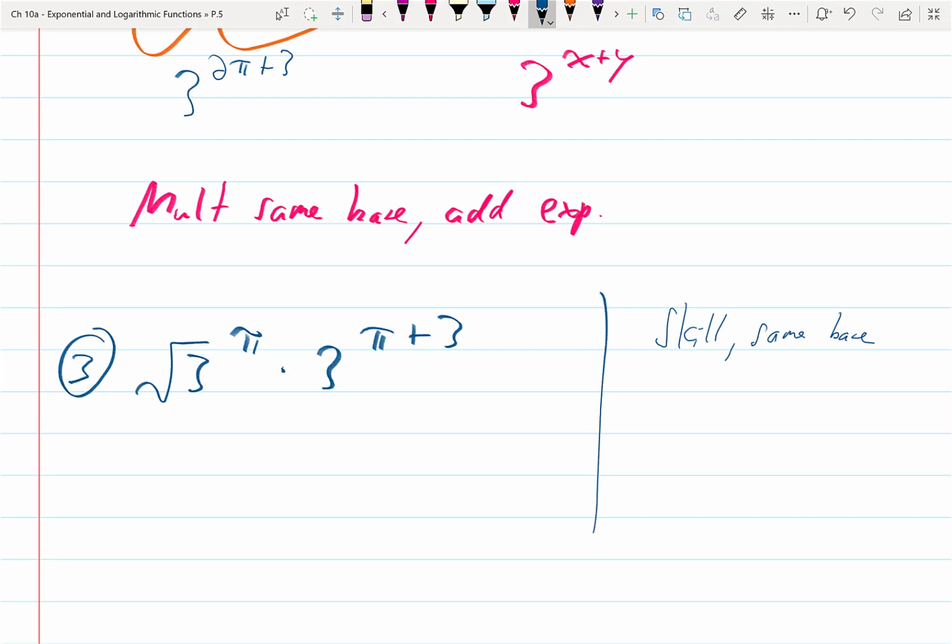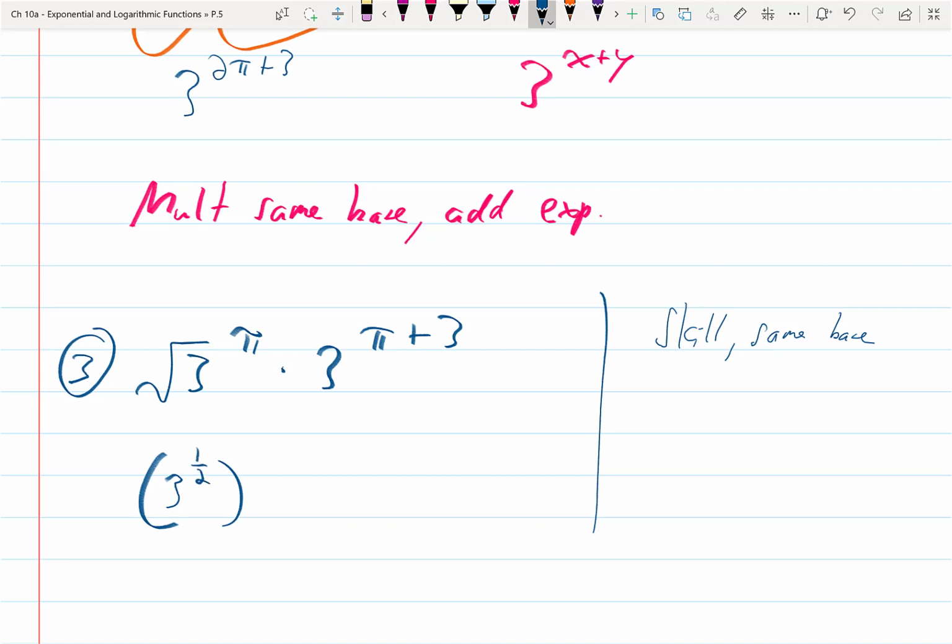What I'm looking at is that this and this are not the same base right now. Root 3 and 3 are not the same number. But I know that root 3 is the same as 3 raised to a power.